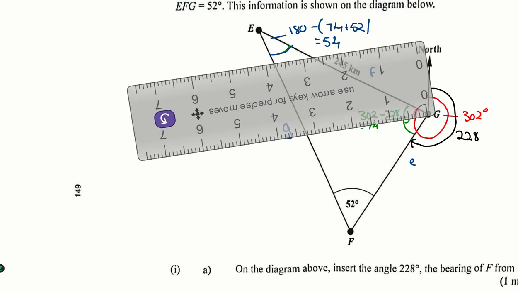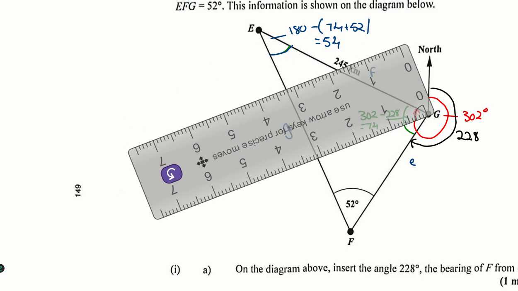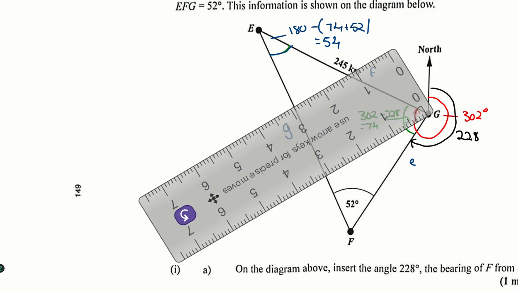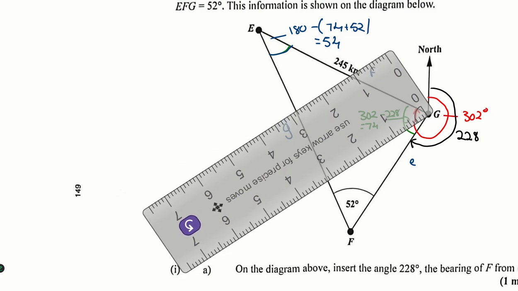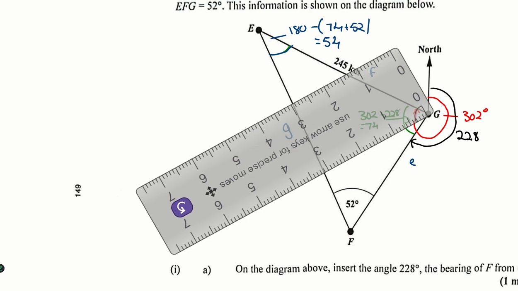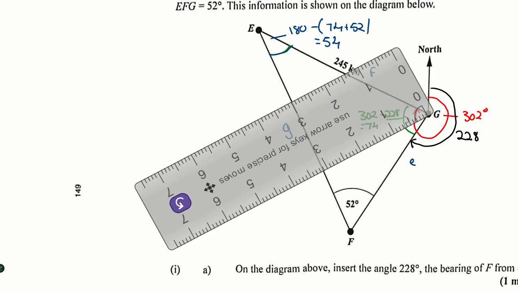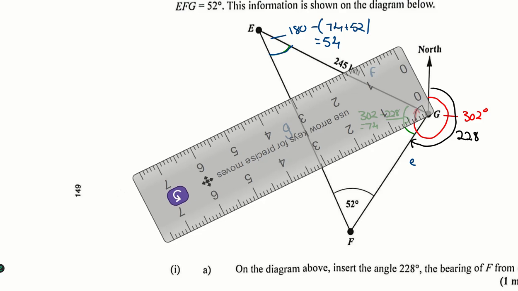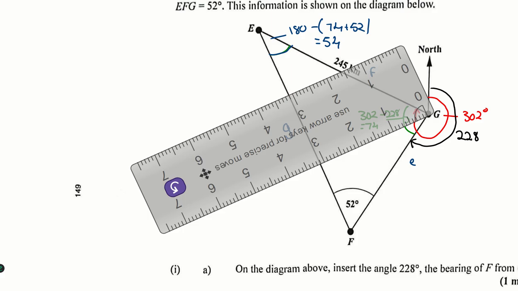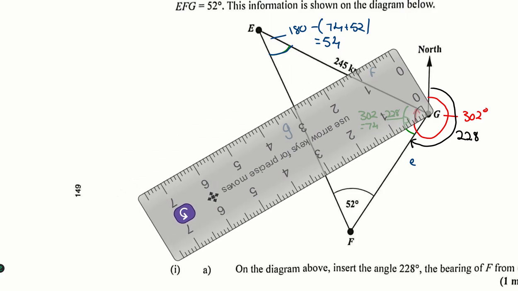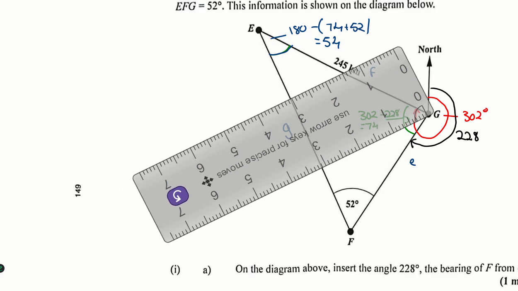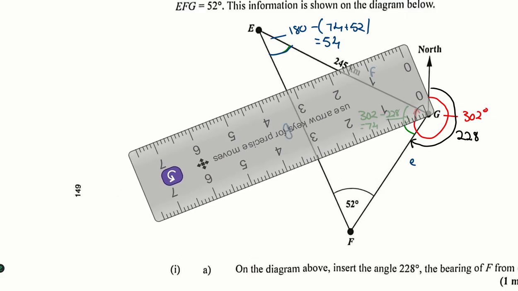It's getting shorter, getting shorter, and then we start increasing. So it is somewhere along here. Anywhere else would be greater.